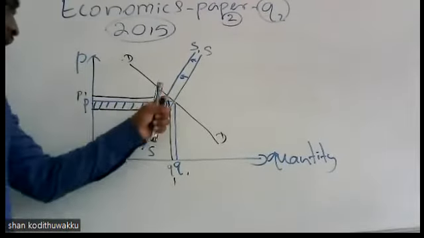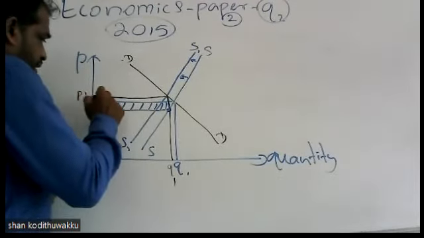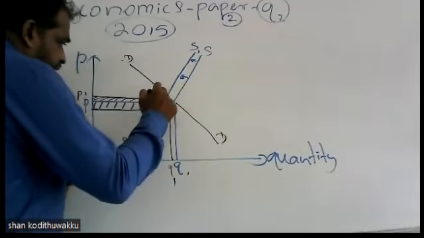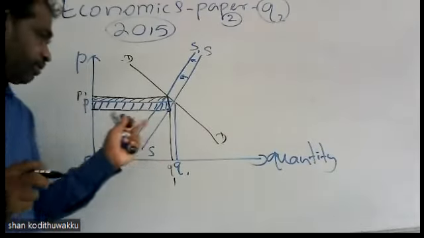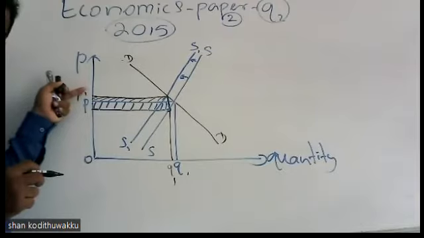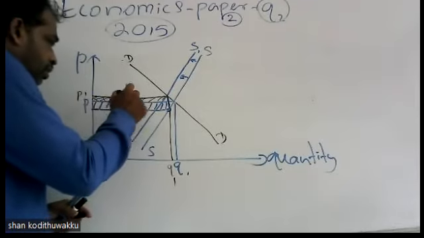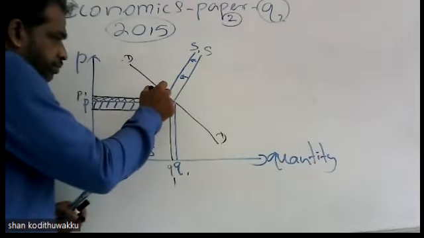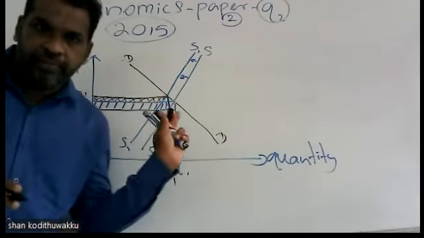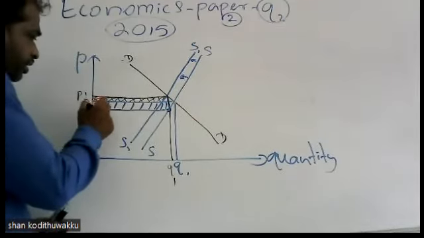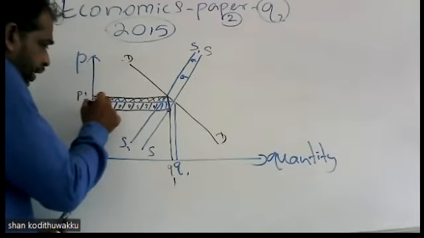When you take the vertical distance, the increase in price, that part will be incurred by the buyer or customer because the price has increased. Therefore, this part will be incurred by the customer or buyer, and this part by the producer or seller or supplier.